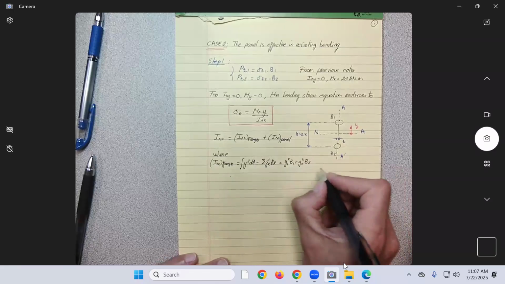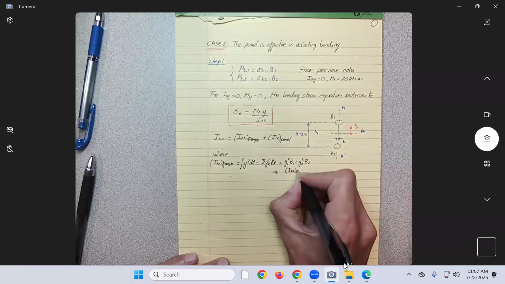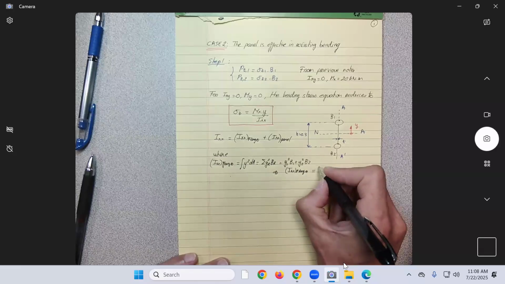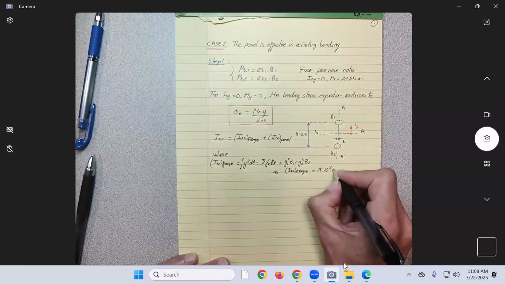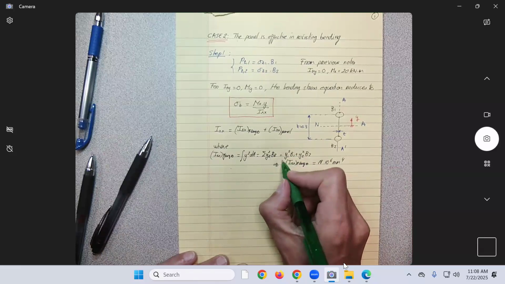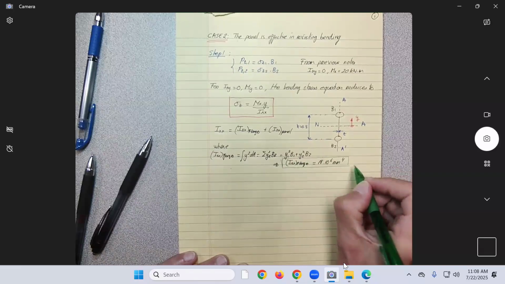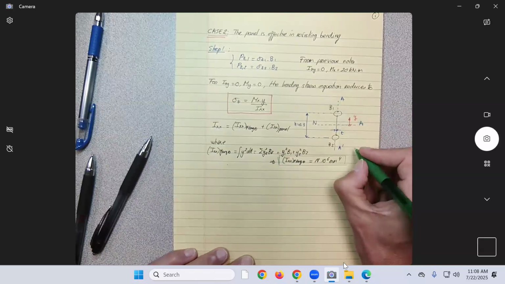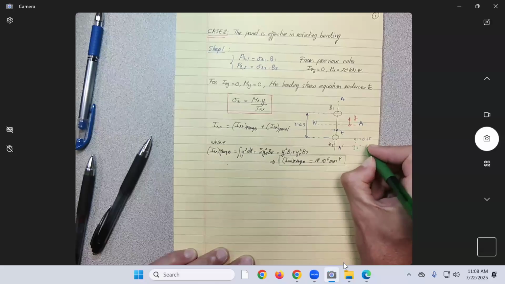If you do this calculation, you get IXX flanges equal to 18 times 10 to the 6 millimeters to the 4. What would be Y sub 1? Y sub 1 would be equal to 0.15, Y sub 2 negative 0.15.